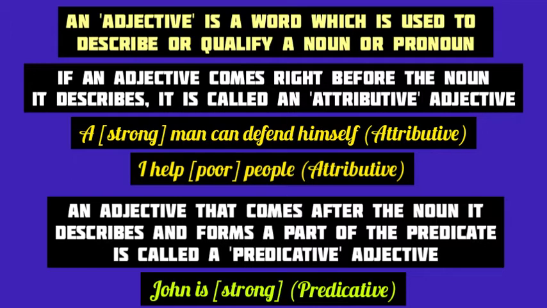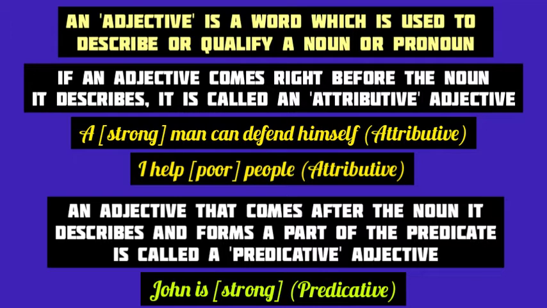Now, if an adjective is placed right before the noun it describes in the sentence, it is called an attributive adjective. For example, in the sentence, "A strong man can defend himself," strong is an adjective that describes the noun man.